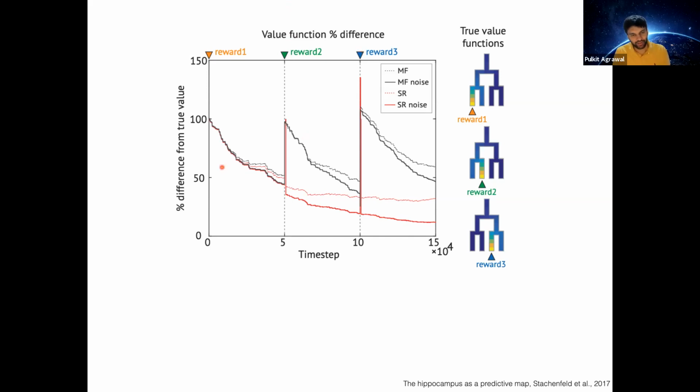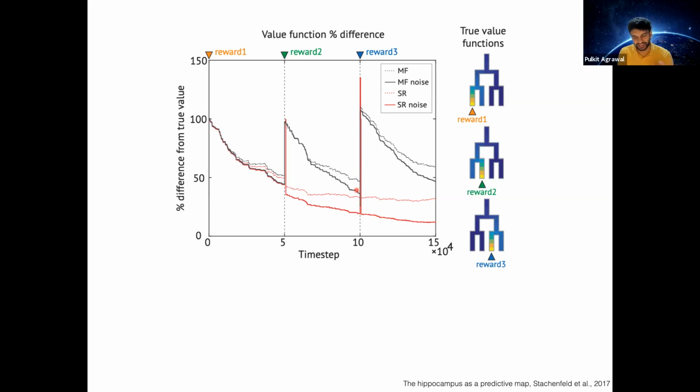And what we're looking at is a comparison between a model-free system and one based on successor representation. So what you see is on the first task, both the model-free and the successor representations learn almost as quickly, right? And that's expected. But once we change the goal, the successor representation is able to adapt very quickly. And the model-free system takes much more time to adapt.